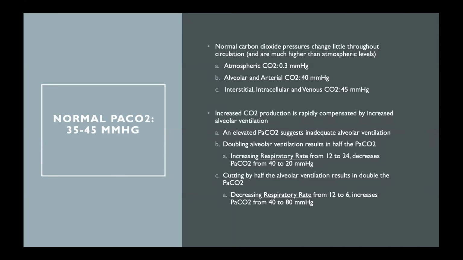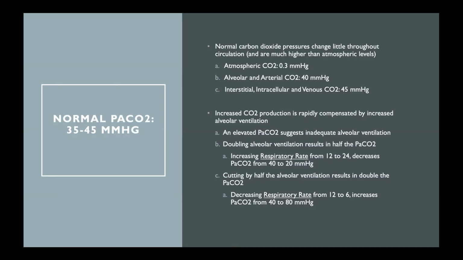Elevated carbon dioxide pressure suggests inadequate alveolar ventilation. If the carbon dioxide goes up, that means there's a big problem in the lung. Doubling alveolar ventilation results in the partial pressure going to half. If you see somebody with a carbon dioxide partial pressure of around 60 and you double the respiratory rate, it will become half, meaning 30. It washes out that quickly.